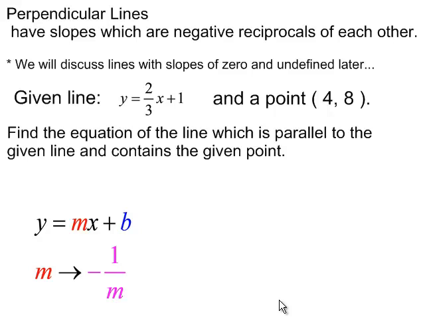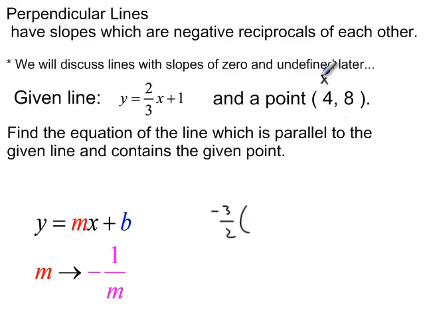Now let's see. We're given a point and a line: y equals 2/3 x plus 1, and the point 4 and 8. So, perpendicular, you take that, the 2/3, flip it, 3 over 2, change the sign. So it's negative 3 over 2, our new m.